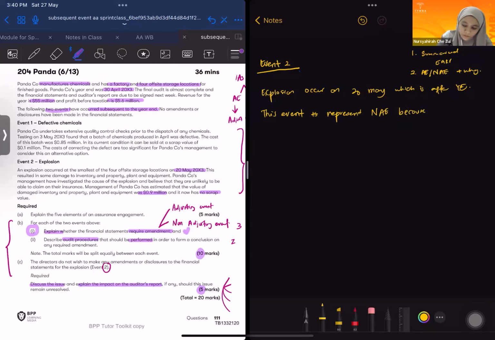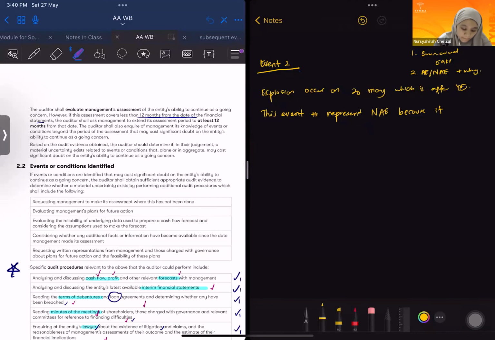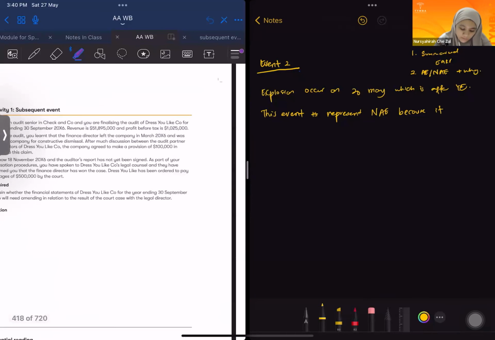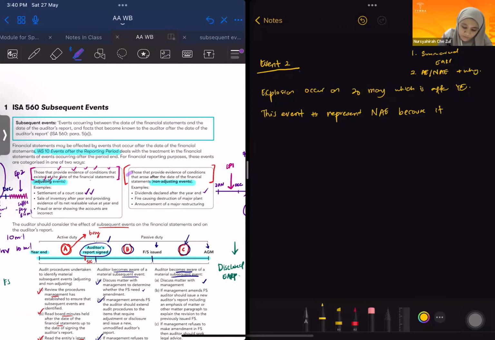I like to use this wording as per IAS 10: because it provides evidence of conditions that arose after year end. An adjusting event provides evidence of conditions that exist at the year end. This one provides conditions that arose after the year end date. As simple as that.